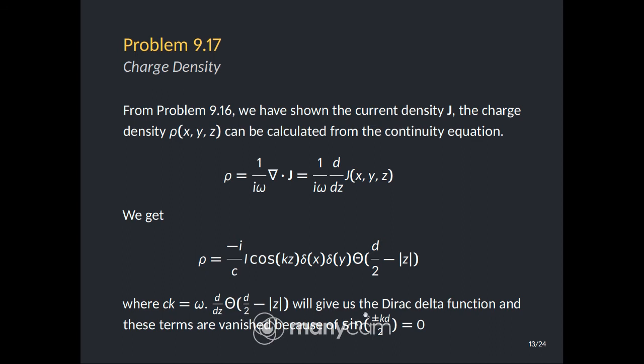The sine of kd divided by 2 is equal to the sine of positive or negative pi, which gives us 0. So this contribution vanishes in the charge distribution. Thus, the charge distribution only has the cosine kz term, without the derivative of the theta function.